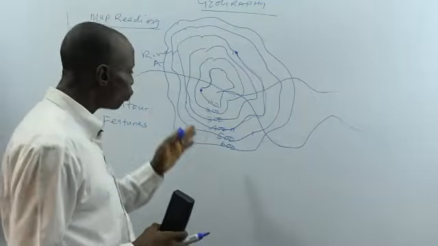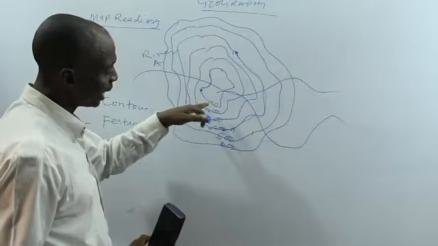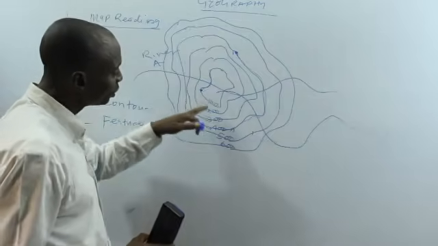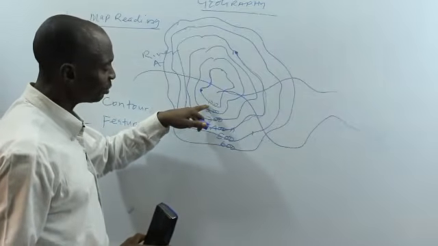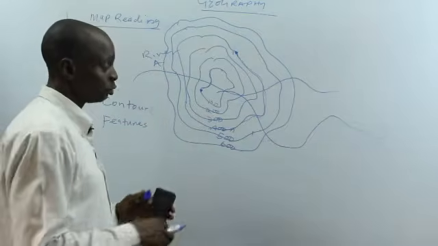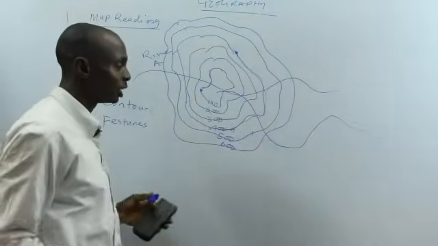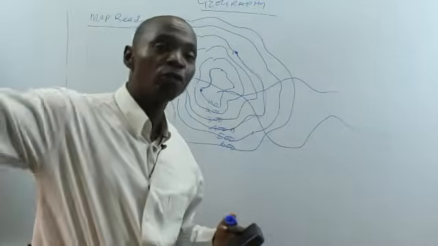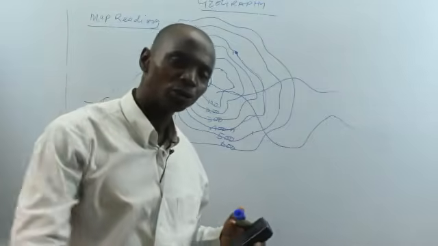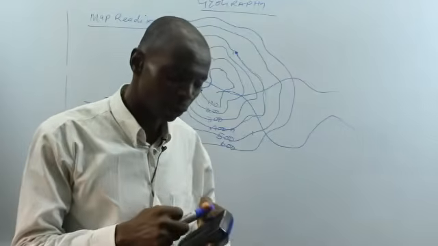So what we should know is that contour lines give us, if you look at 100 meters above the sea level and 200 meters, you now know that 200 meters is higher than what? 100 meters. And any river you see on the surface flows from the upland down to the lowland. For instance, we talk about River Benue.